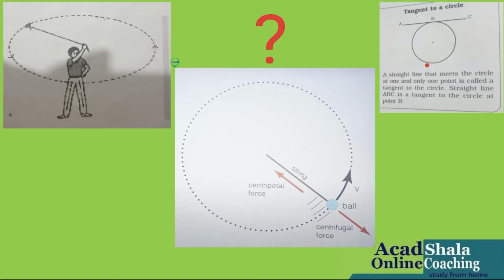So this is having the same magnitude but opposite direction. So now you have to remember two forces: centripetal force in the center, and outside the circle is centrifugal force. Inside, in the middle of the circle, it is centripetal force.